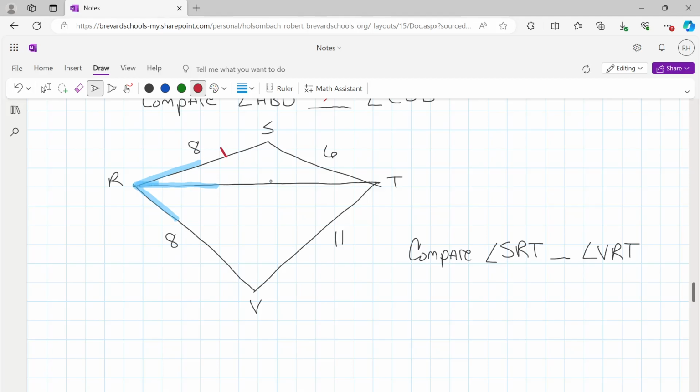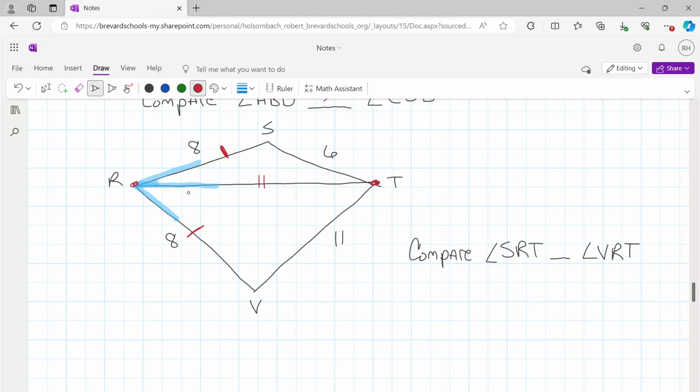And look at the side that they share. The two triangles share side RT. So side RT is the same in both triangles. Now, in this top triangle, we have a side that's 8. And in the bottom triangle, we have another side that's 8. So we've got two sides in one triangle congruent to two sides of another triangle.